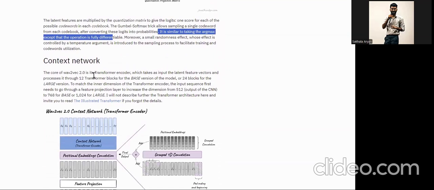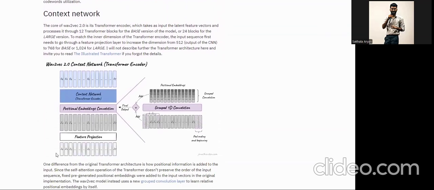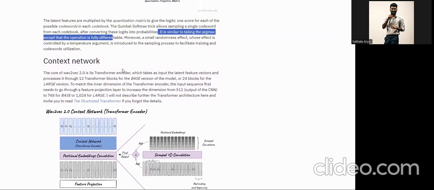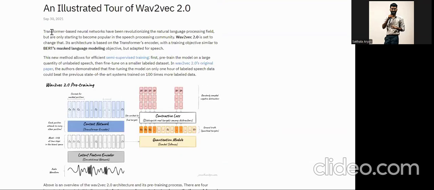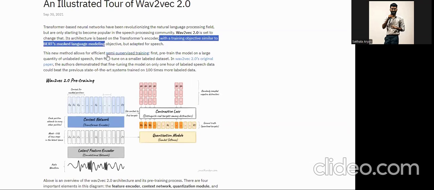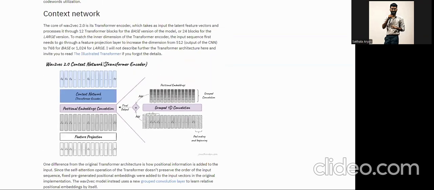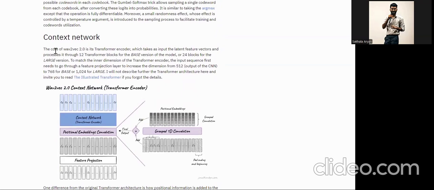Coming to their third module, which is the context network. This is basically a transformer, but only the BERT side, so the encoder side, because they have mentioned here that it is similar to BERT's masked language model. The core is the transformer encoder, as you see, only the encoder part of the transformer, and BERT is also only encoder.